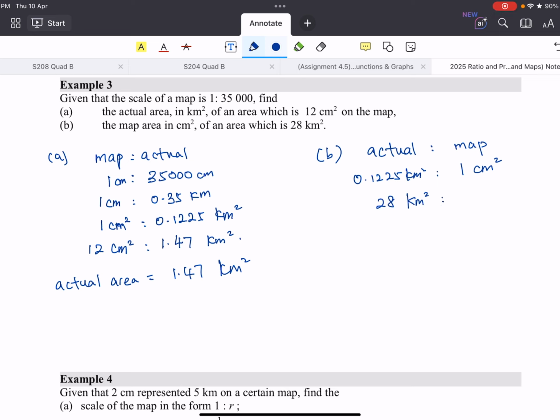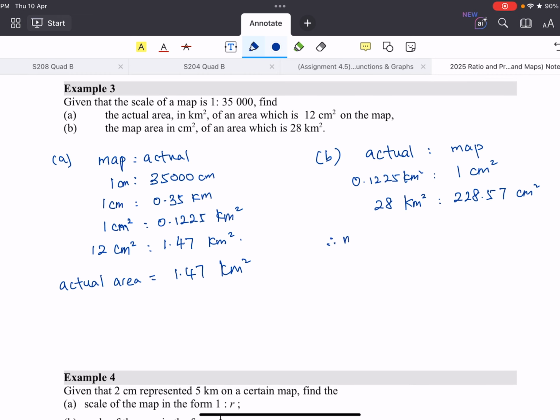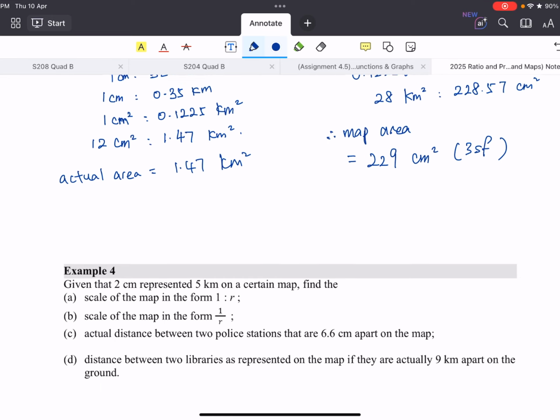So I'll take 28, divide by 0.1225 times 1, which will give us 228.57 centimeters square, right? So therefore, map area equals 229 square centimeter, to 3 significant figures. Okay, right, let's move on to the next example.